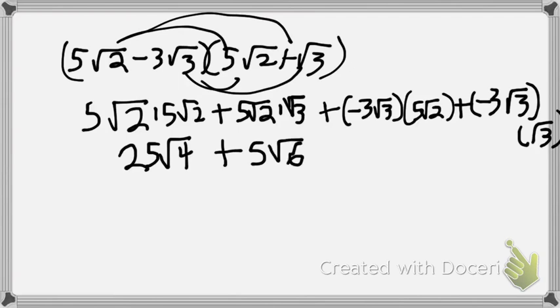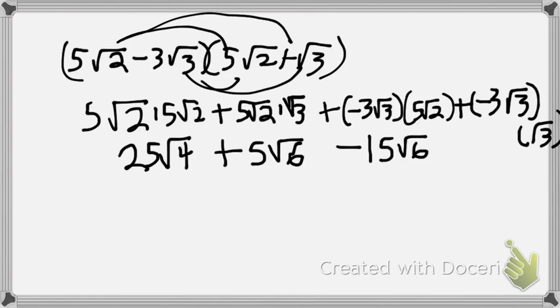So again, what we're looking at is multiplying the coefficients by each other, and then the radicands by each other. We leave the index alone. So then we have negative 3 radical 3 plus 5 radical 2. Negative 3 times 5 is negative 15.